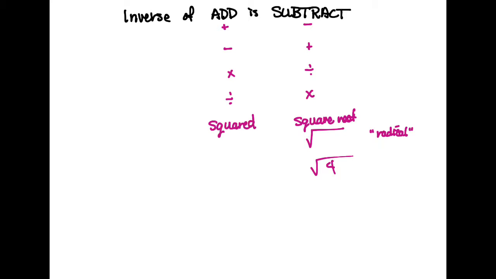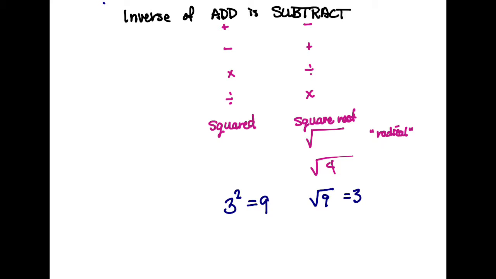Okay, so let me show you something else with this, and then we'll go back and do a few problems on the other page. So 3 squared is 9, right? And now to double check this, we need to go backwards. So you would write that as the square root of 9, and that is 3.